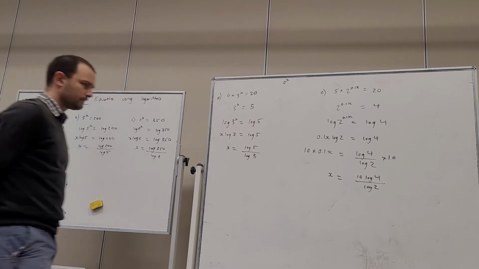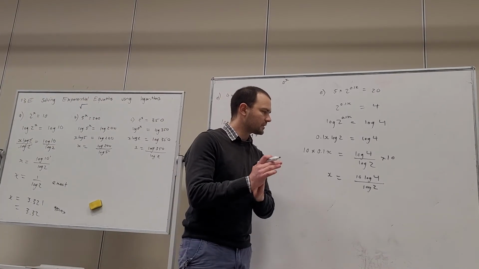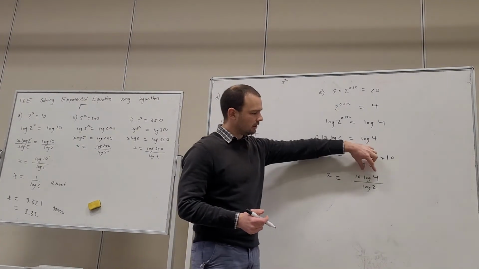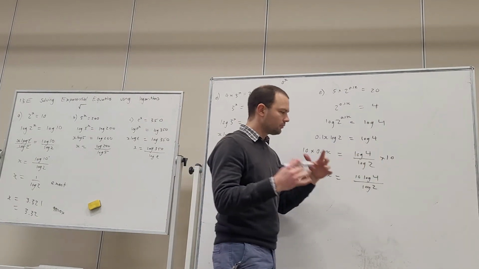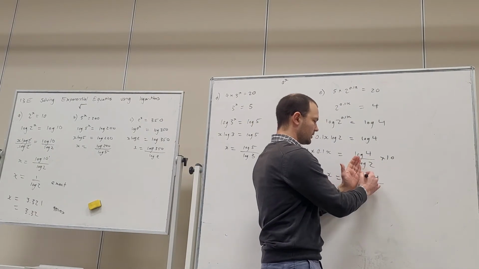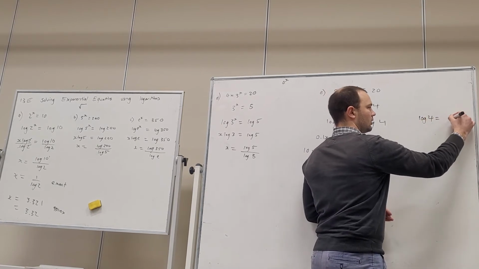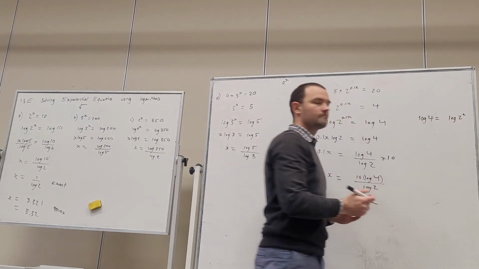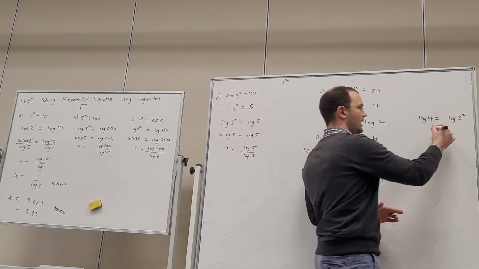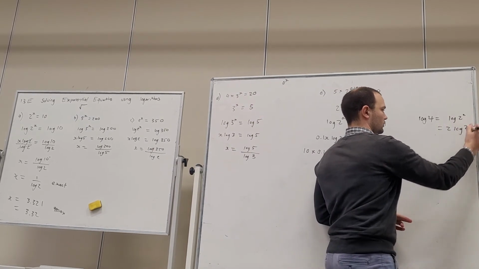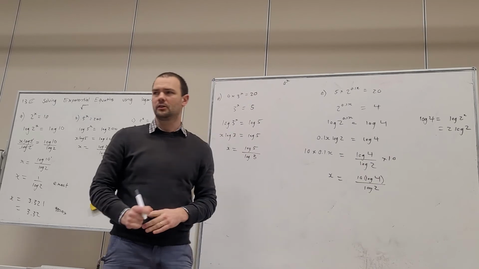simplify to an integer. All right, so we're going to use some of the processes we learned yesterday. Log 4, let's just focus on this part for now. Log 4, you could write as log 2 squared, which you could write as 2 log 2. Okay, you can bring that power up front.